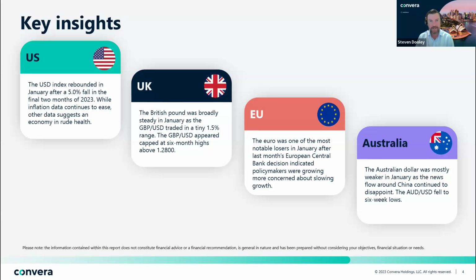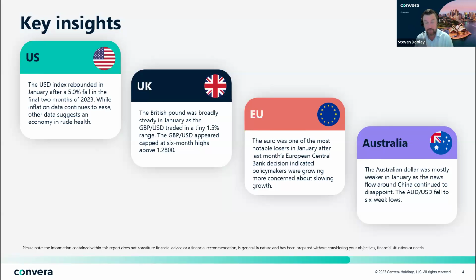In other markets, the British pound was interesting because it held on pretty steady around that 1.28 level versus the US dollar, and in quite a tight range as well. It drifted a little bit lower in the first couple of days of February. But UK inflation is high, wages are high, markets are less convinced that we might get rate cuts from the UK.